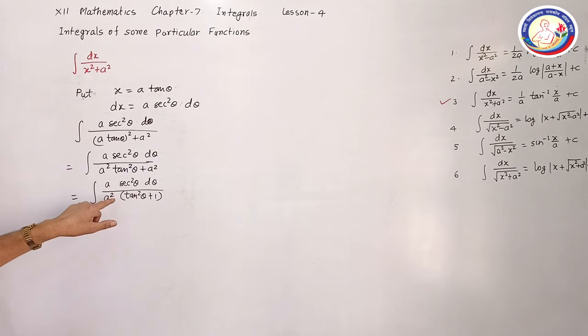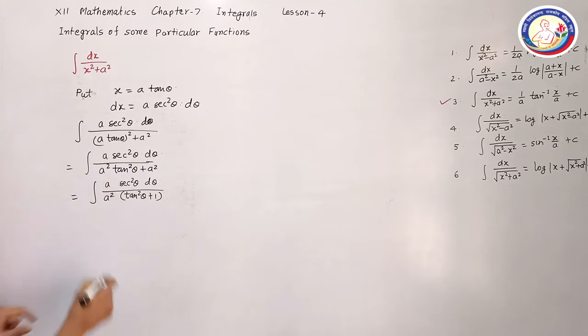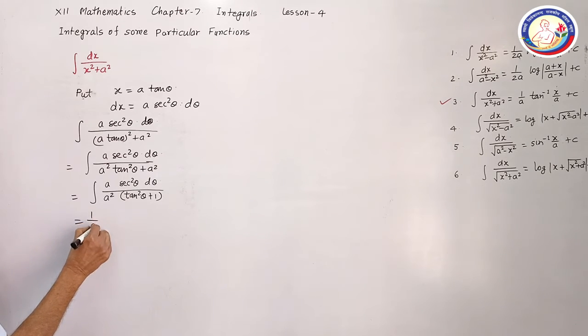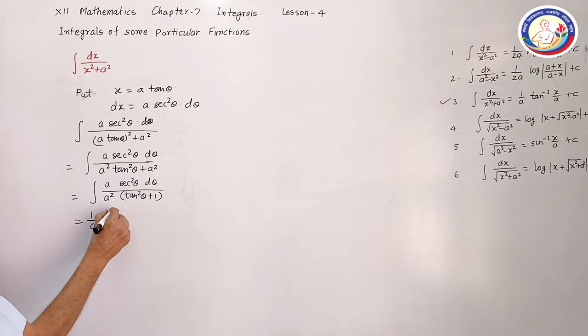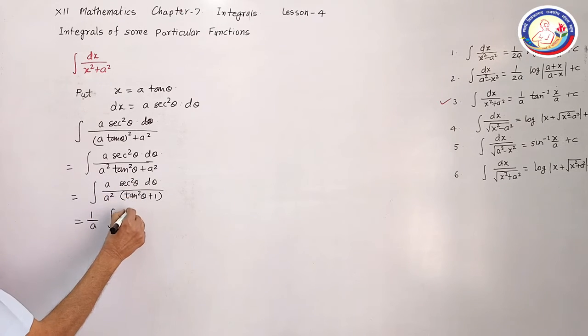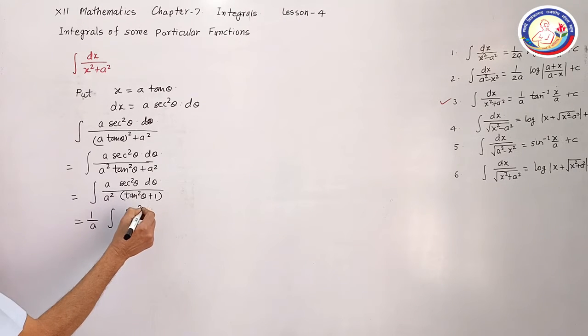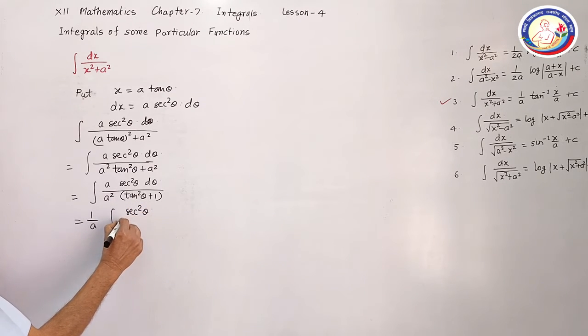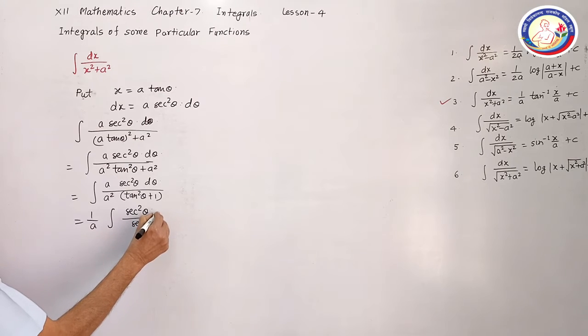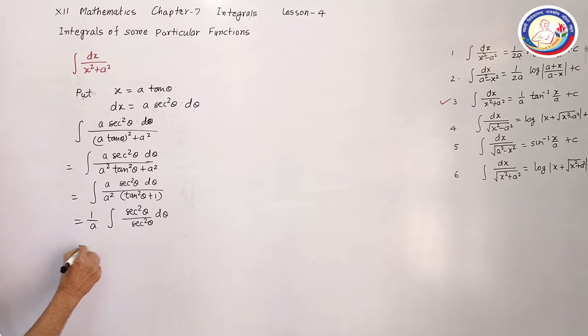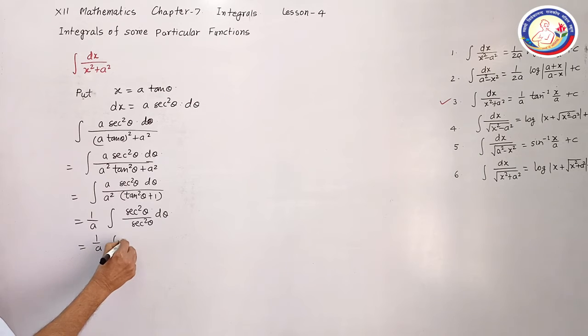Now there are two factors of a in denominator and 1 in numerator. So we will have 1 by a. Here I am taking it outside the integrand. Now sec square theta upon 1 plus tan square theta is again sec square theta d theta. So what we are having? 1 upon a d theta.